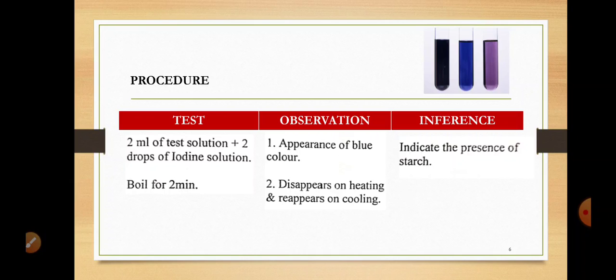Once it disappears, if you keep that test tube aside for cooling, the blue color reappears. This is used as a confirmation that the initial blue color indicates the presence of starch. On heating and cooling, if the color disappears and reappears, it is a further confirmation of starch in the given sample.